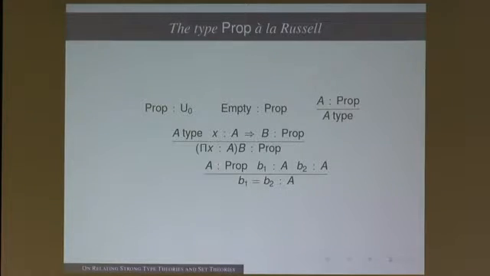So if something is in prop, then it's a type, and then you can ask what kind of elements it can have. And this just says that all the elements are identical. Yeah, they are proof irrelevant, as one sometimes says. Okay.